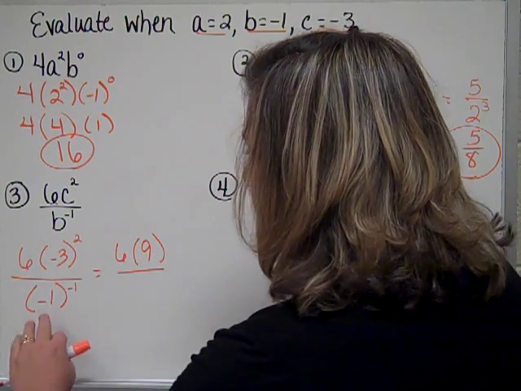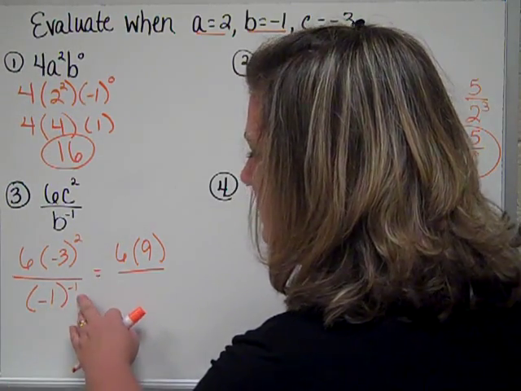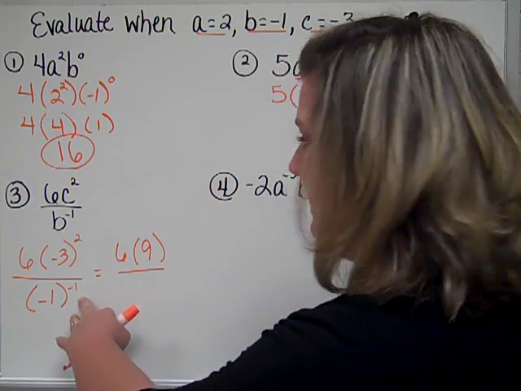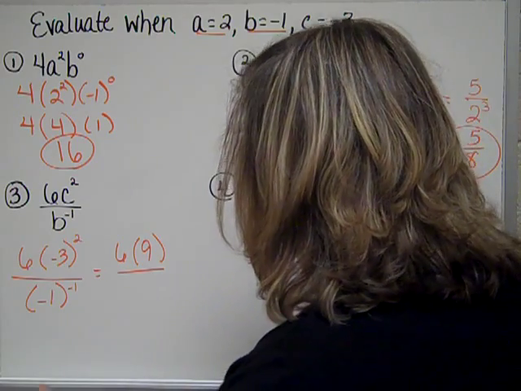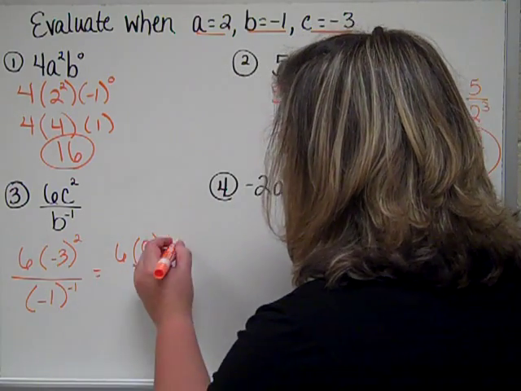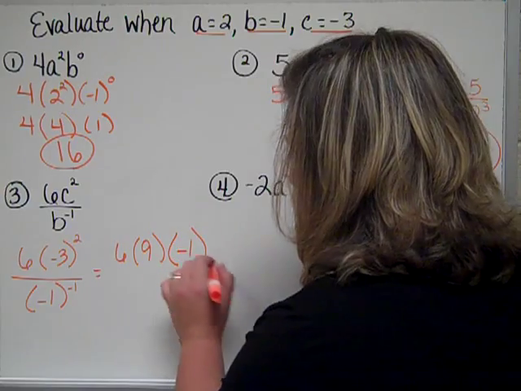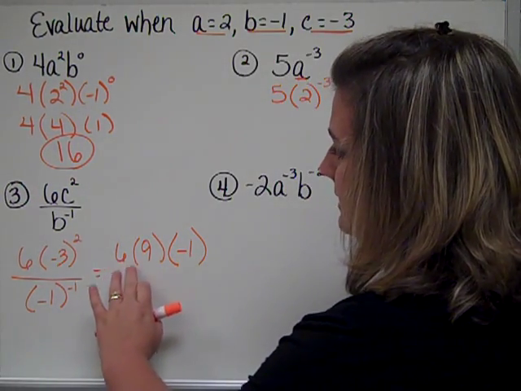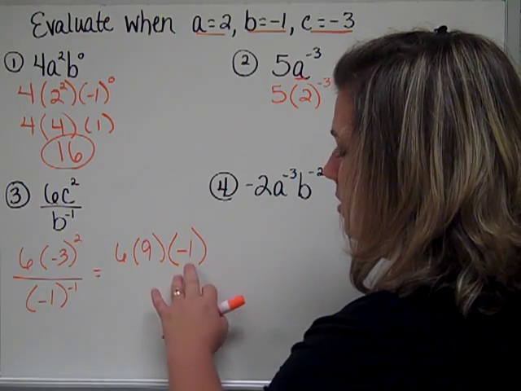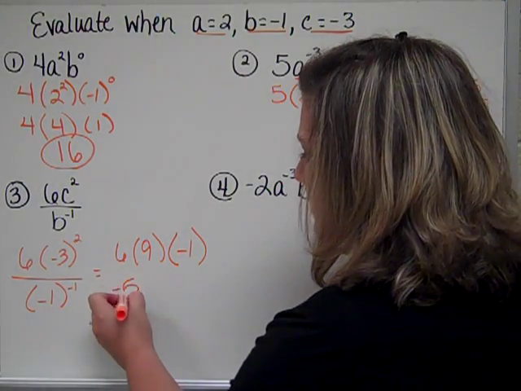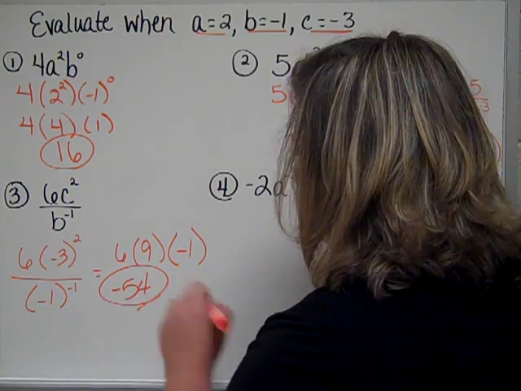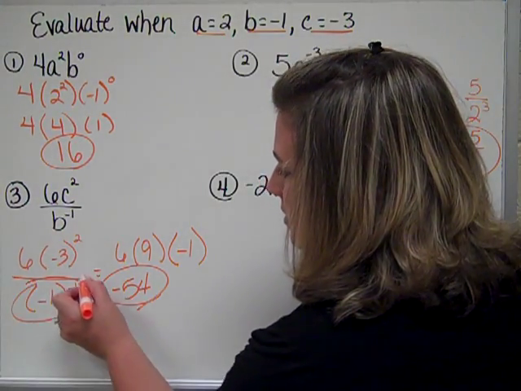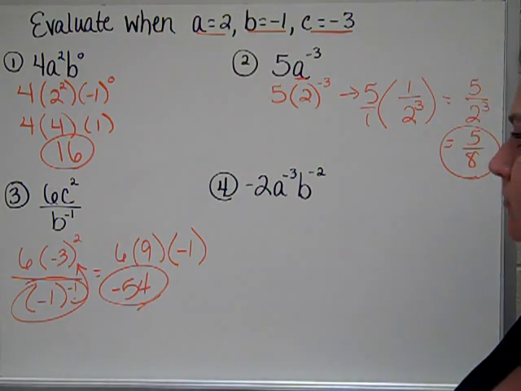Okay. Then I have -1 being represented with, my base is -1, but my exponent is also -1. So that is going to come up to a whole number's position. So when I multiply this together, 6 times 9 is 54, multiplied by -1 gives me a -54. So this piece here came straight out.